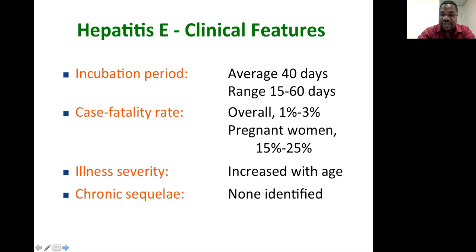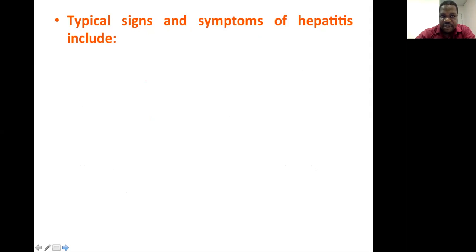The illness severity increases with age, and chronic sequelae have not been identified. Hepatitis E, just like hepatitis A, does not typically progress toward chronic infection, but you can develop a severe acute infection that will lead to acute liver failure. That's what we call fulminant hepatitis.